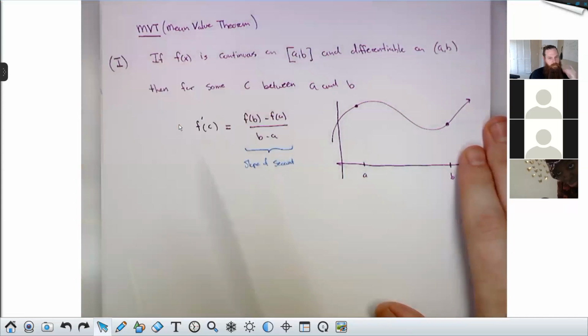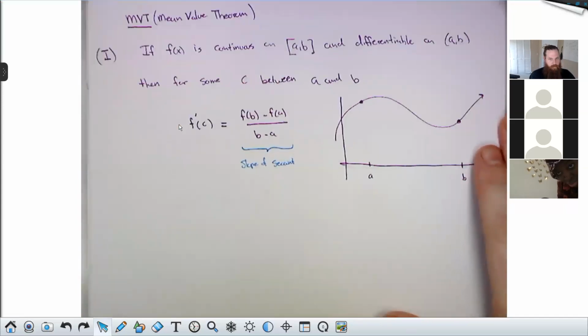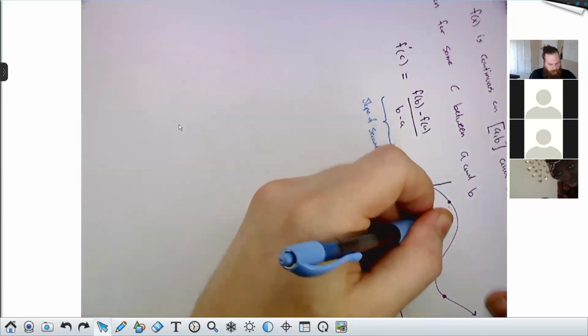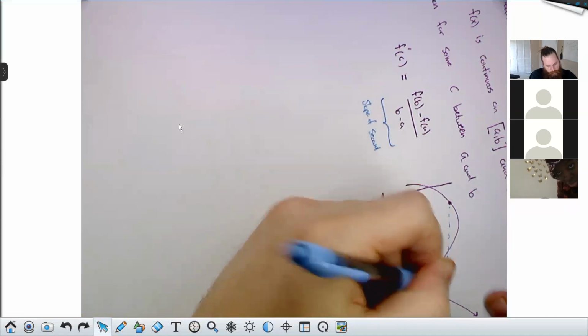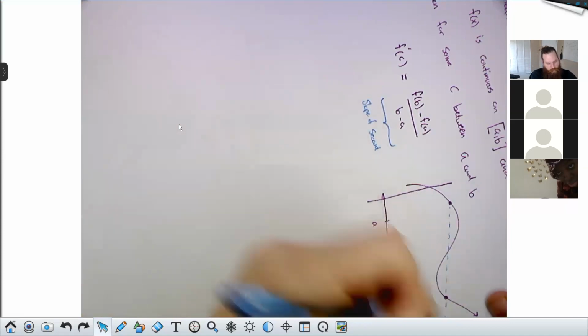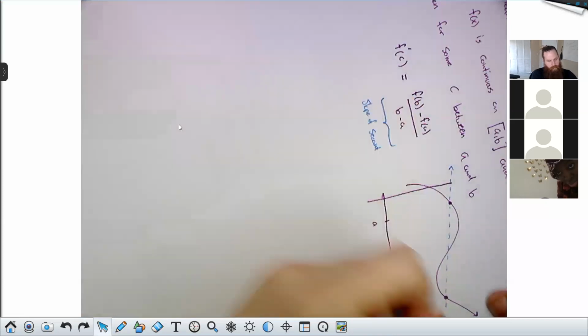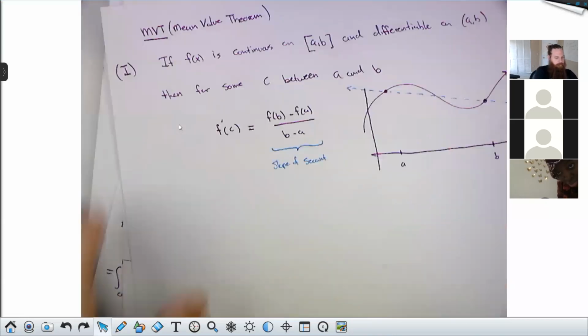Remember when we talked about secant lines at the very beginning of the class? It's the slope of the line connecting the point on the left with the point on the right. It's the slope of this dotted line.